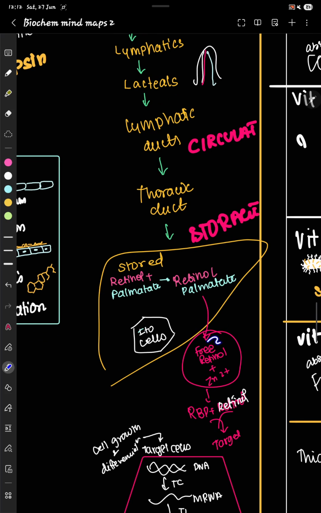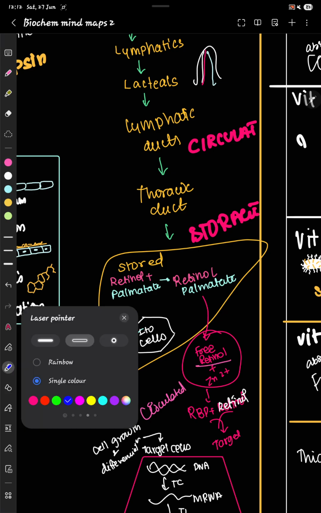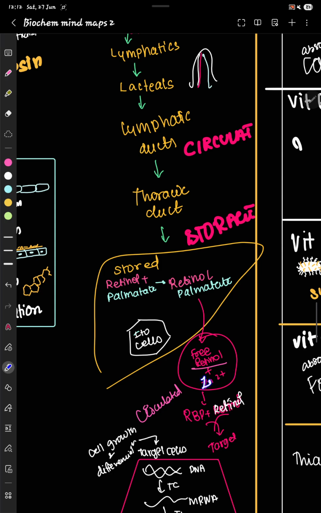And these are moved out of the liver as free retinol and circulated, this is circulation, circulated as retinol along with zinc. This zinc molecule here combines with the free retinol and forms a retinol binding protein.